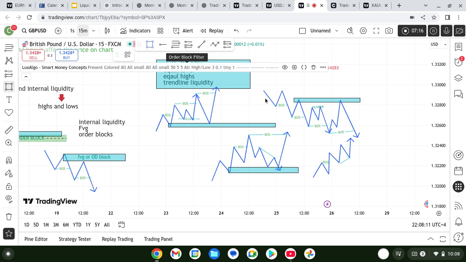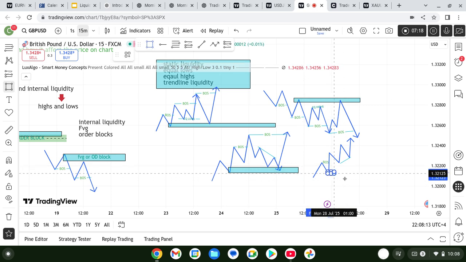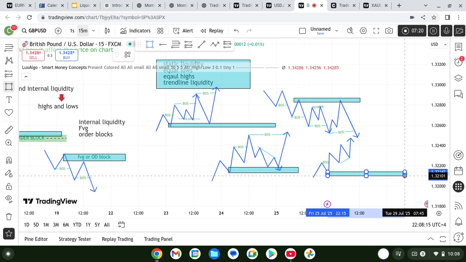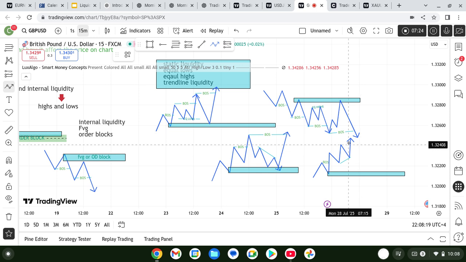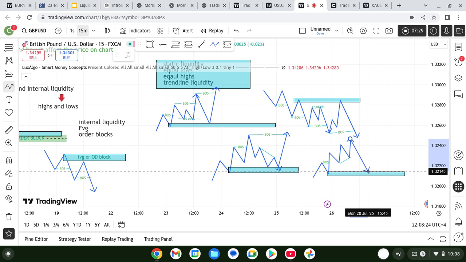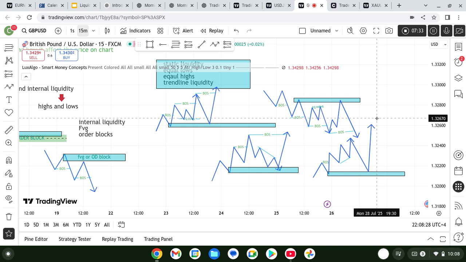It means the market has come and taken that trend line liquidity for it to continue in its upward trend movement, like that, guys.